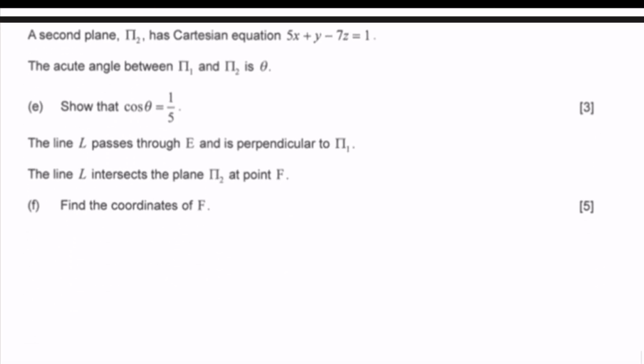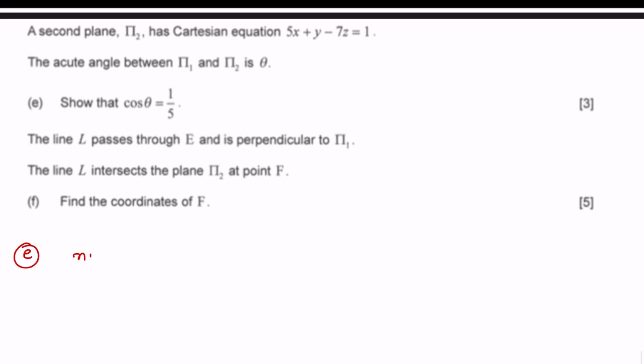Now the next part. The second plane has Cartesian equation 5x plus y minus 7z equals 1. We have to find the acute angle between pi 1 and pi 2, theta, and show that cos theta is 1 by 5. So the direction vector of the first plane was i minus j plus k. Basically, it's 12i minus 12j plus 12k, but you can also just take the magnitude. Let's take the entire equation, 12i minus 12j plus 12k.